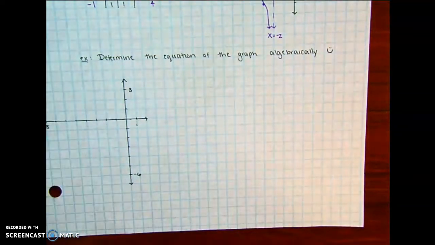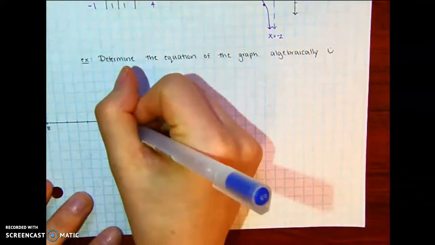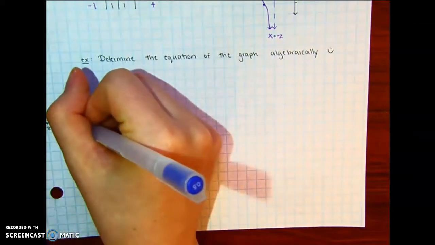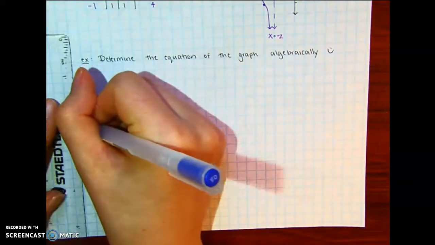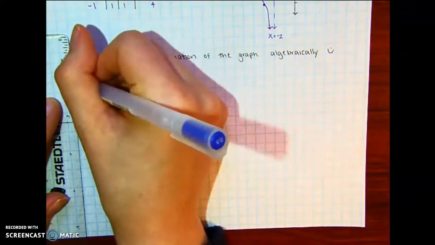Alright, my asymptotes are going to be at negative 5, so x equals negative 5, and at negative 2, y equals negative 2.